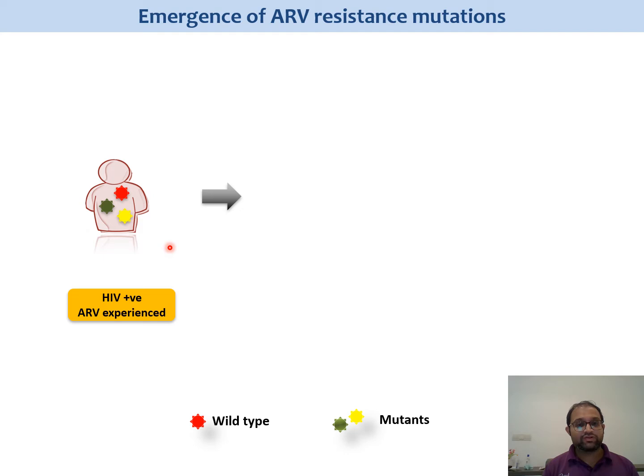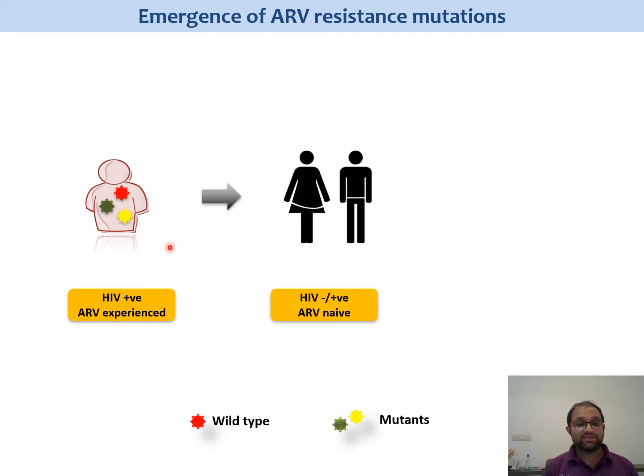So if this individual transmits the virus further into HIV negative or positive but ART naive individuals, in these individuals, not only just the wild type, but especially the mutant virus will be selected. So when they are put on the therapy, they will be at an inherent disadvantage because the resistant virus is already there in the system, and it will buffer the effect of the antiretroviral drugs.